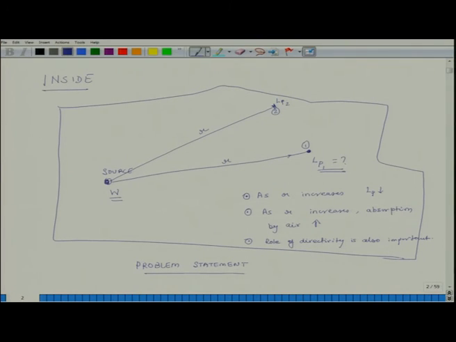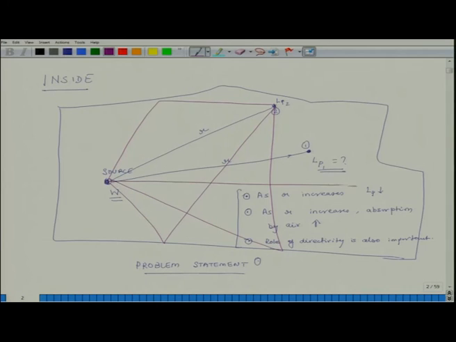But all these factors were present in our earlier case when there were no reflecting surfaces, right. When there is a reflecting surface, sound is not only reaching these locations directly, but it also goes to these walls and it reaches the point of interest like this.